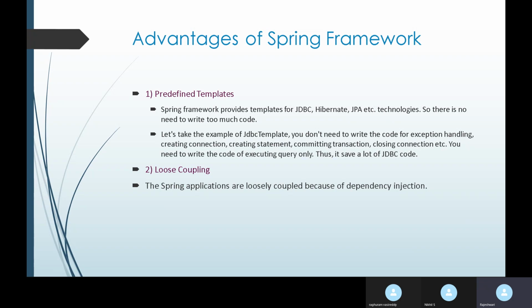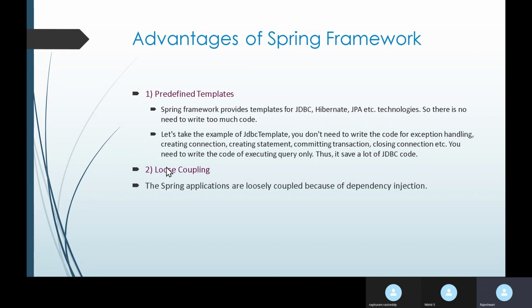So we have something called Spring JDBC to connect to the database, and then we have the Hibernate framework, we have JPA, different technologies are there, and we can write the code with the Spring framework without much effort. Okay, and then you need to write for exception handling. Okay, I need to write the code for the query. Okay, this is fine. You will not understand this.